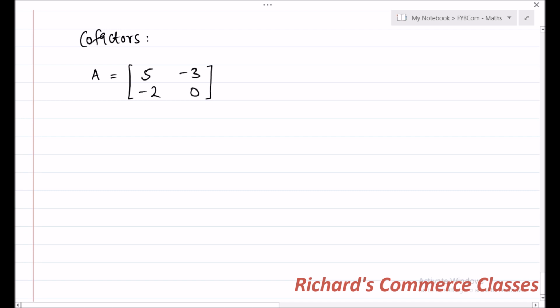As usual, let's calculate minors first. Starting with M11, which will be deleting the row and column. Answer is 0. M12, the element is minus 3, so deleting the row and column, it will be minus 2.